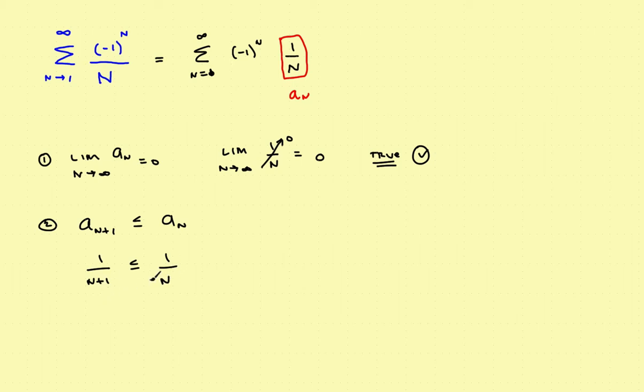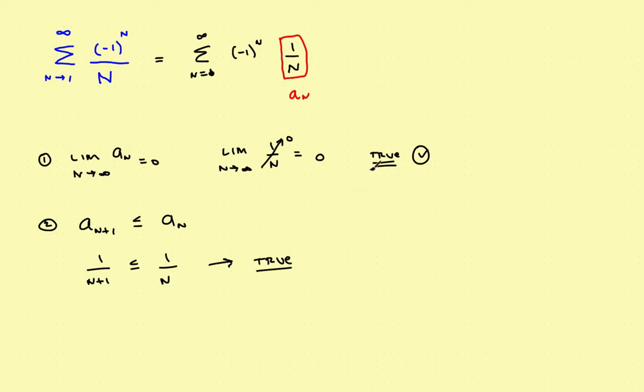You use the same arguments that you have used in other tests. If the denominator on the left is n plus 1 and the denominator on the right is n, then the denominator on the left is always bigger. The one with the bigger denominator gives you the smaller fraction. So the fraction on the left is less than the fraction on the right, and this is true.